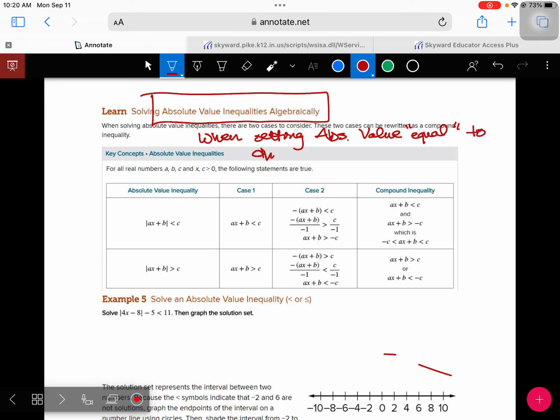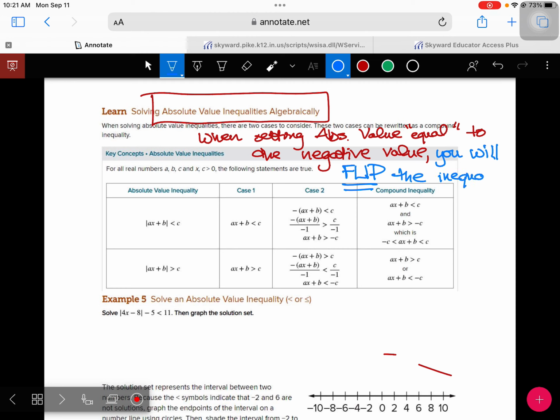Now, this all says the same thing, but a much more mathematical content way. So that's why I thought, let's just write it like this. But you can see, here's our original problem. Absolute value of ax plus b, end of absolute value, is less than c.